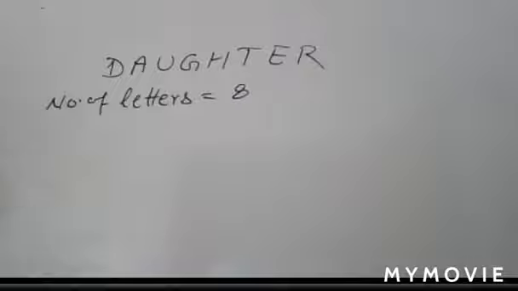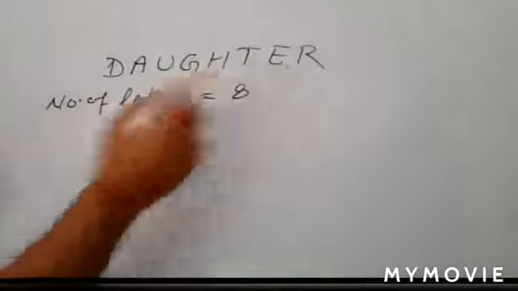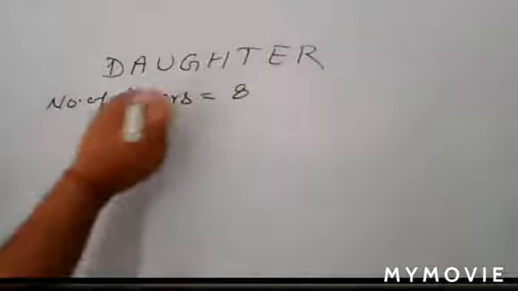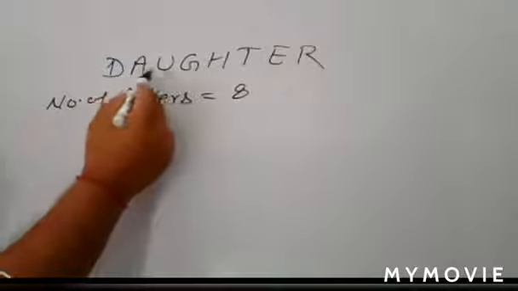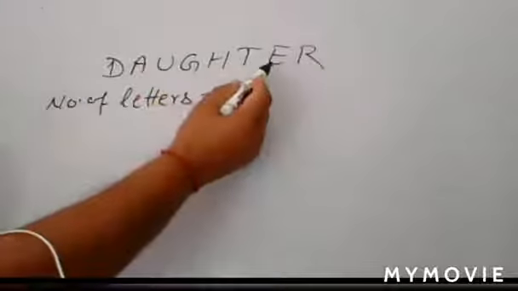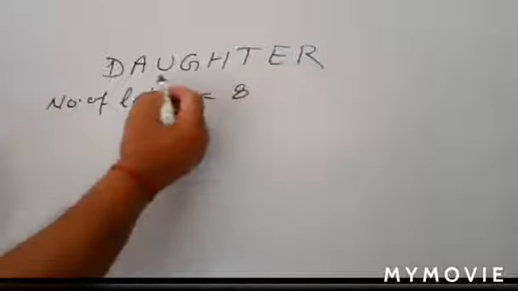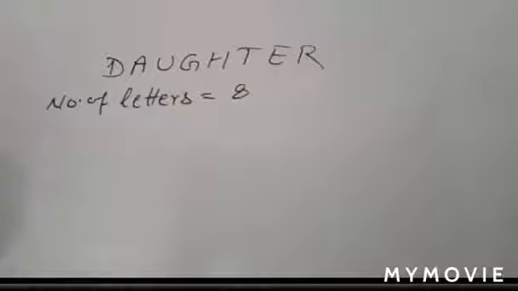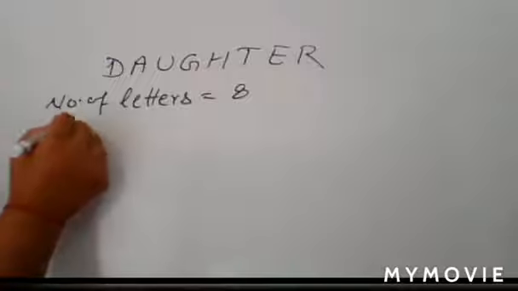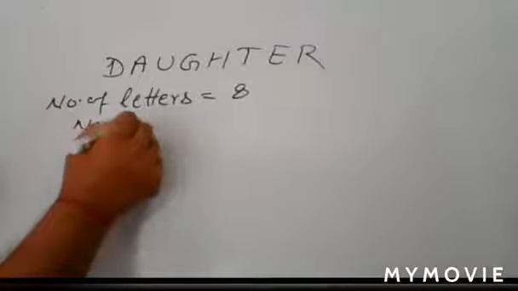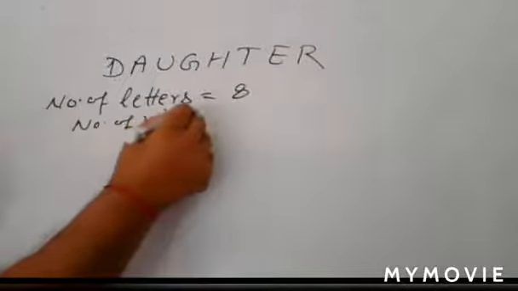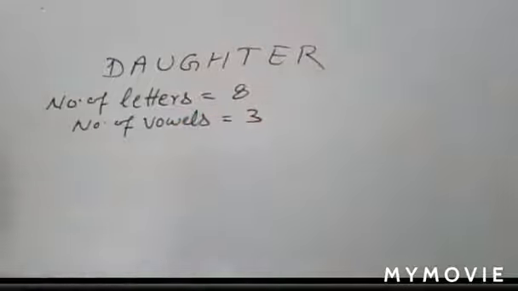Check it. 8 letters are there. And the vowels are A, U, E. How many vowels? 3 vowels are there. So write: number of vowels is equal to 3. A, U and E. 3 vowels are used here.